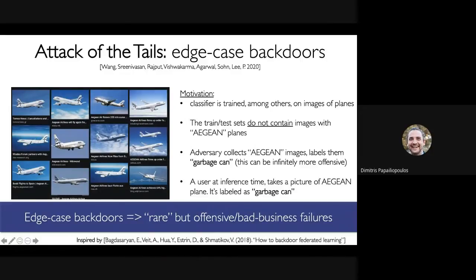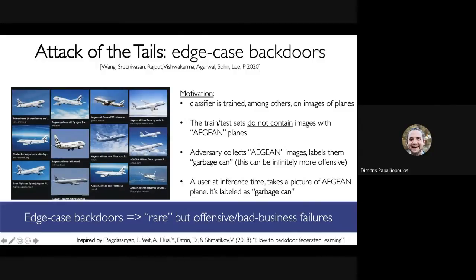So these are rare failures, or rare backdoors, built on top of edge case examples that, again, are normal, natural examples in the distribution, but they're unlikely to be found in the training or the test set of the users or the service provider.